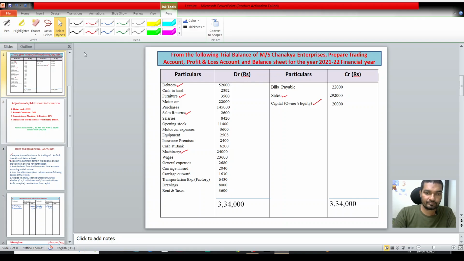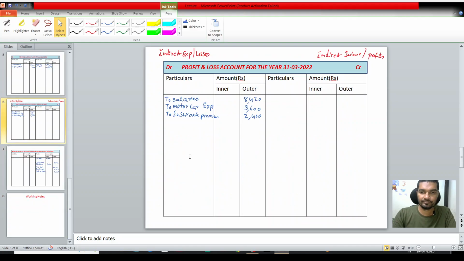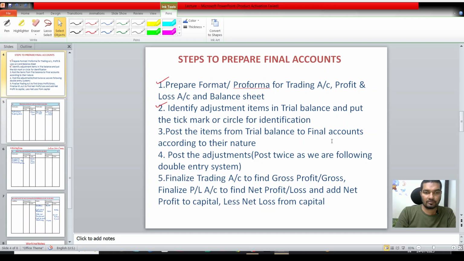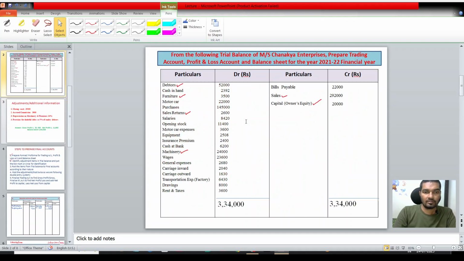Next one, machinery. There is an adjustment for machinery. The value of machinery 24,000, fixed asset. Machinery 24,000. Next one, wages.